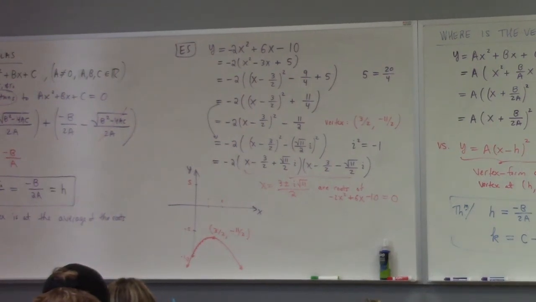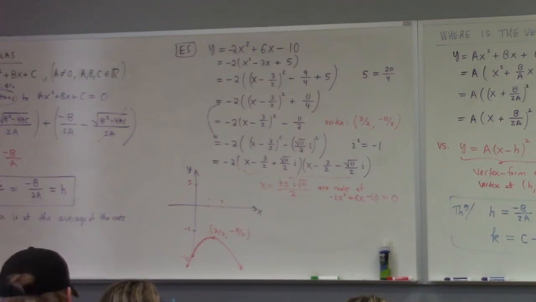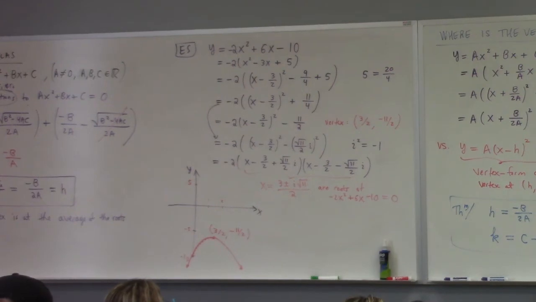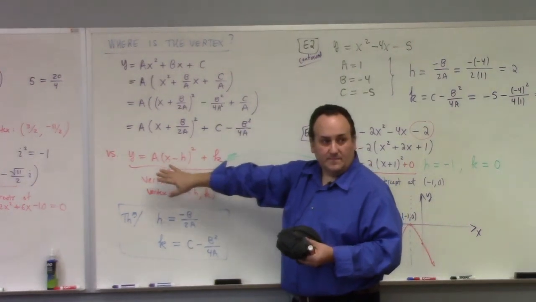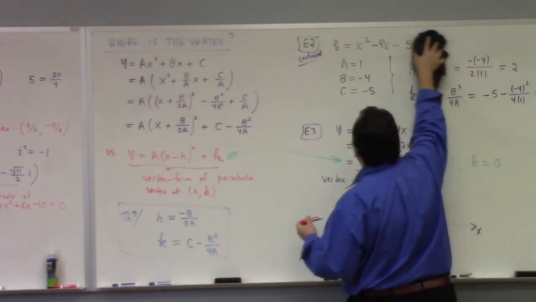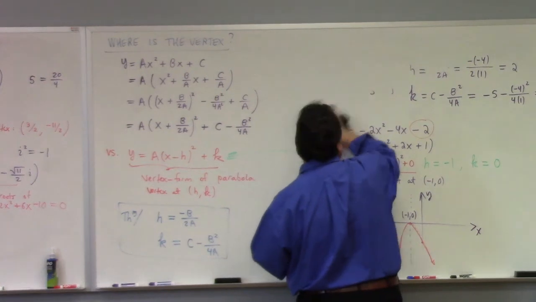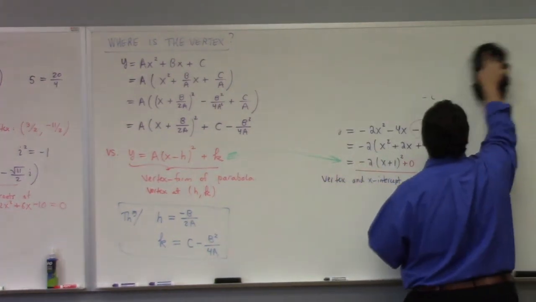Okay, so I have shown you a couple different forms of the parabola today, right? We have talked about what? We started with the standard form of the parabola, right? We talked about the vertex form of the parabola, right? But there's another form I should probably write out. Let me just put them all in one place, yeah?